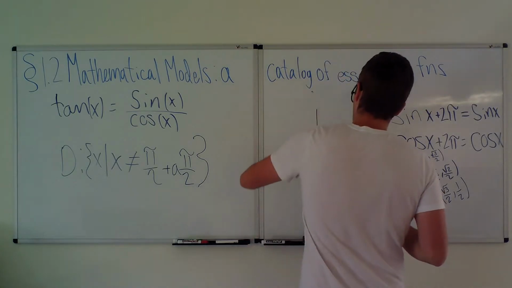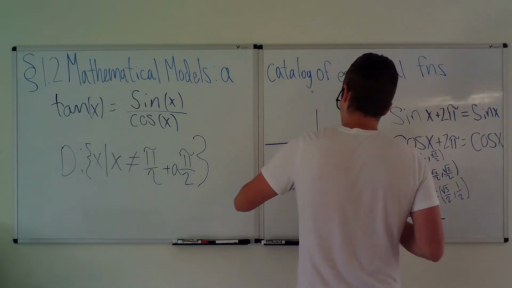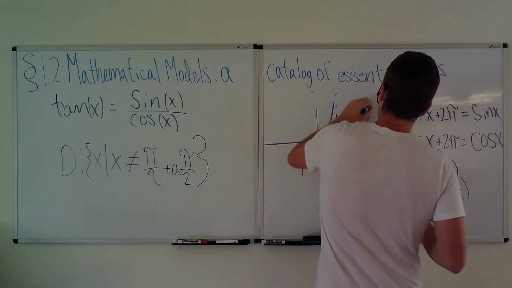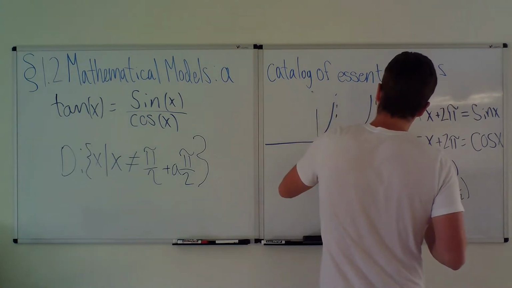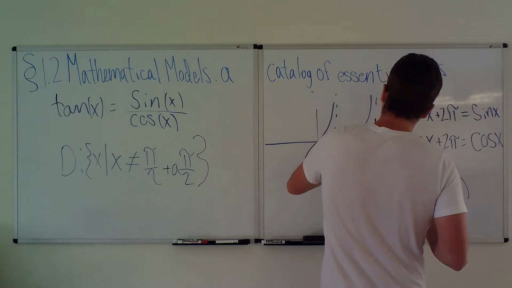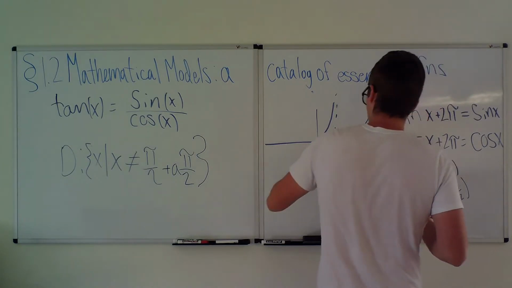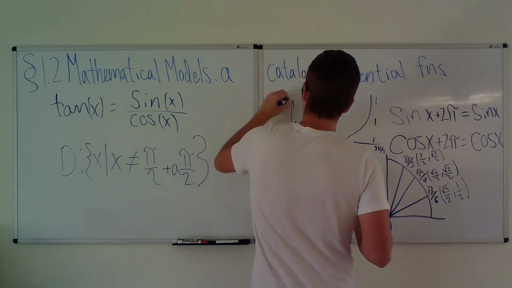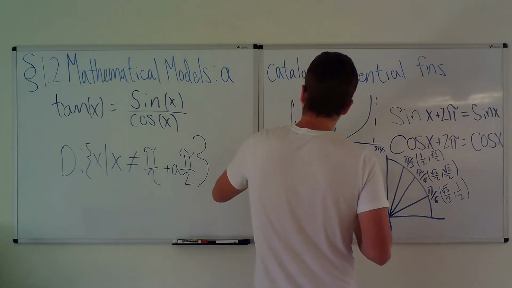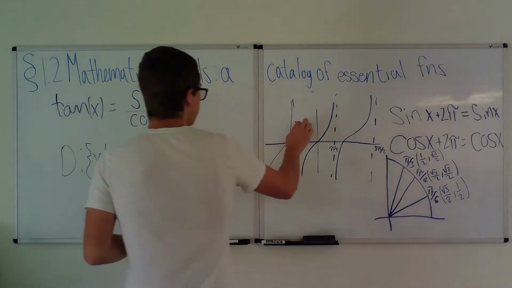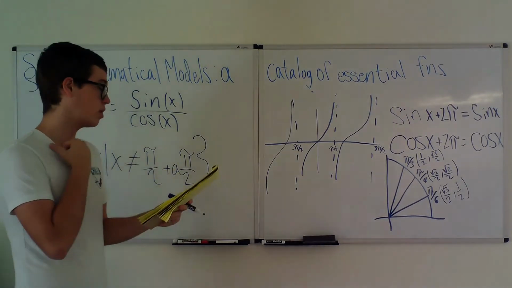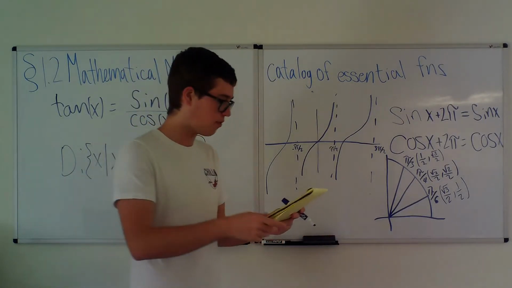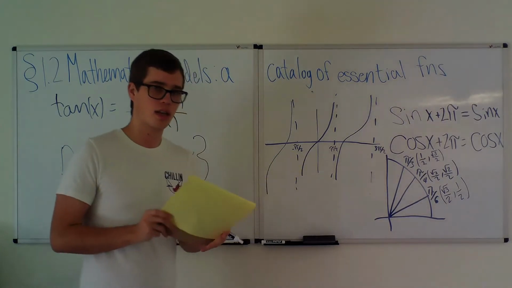Looks like this. And these asymptotes would be where cosine equals 0, so there's an asymptote, it's not part of the domain.